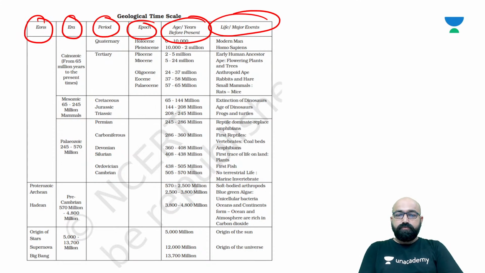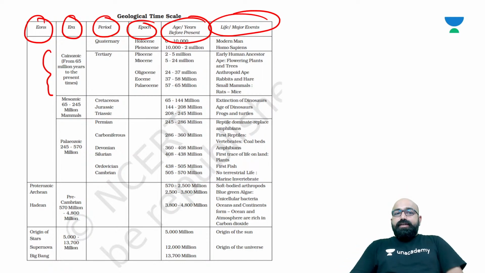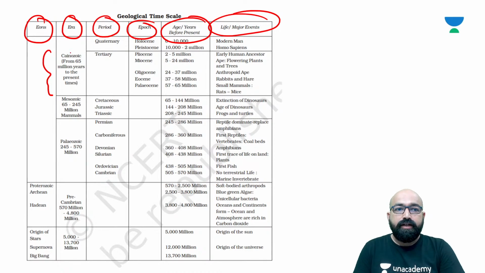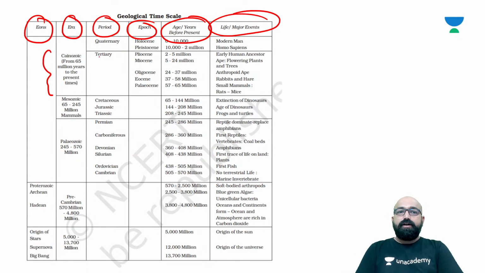So, when we are talking about the most recent era, that is from 65 million years to the present, that is the Cainozoic era. So the periods are quaternary and tertiary.